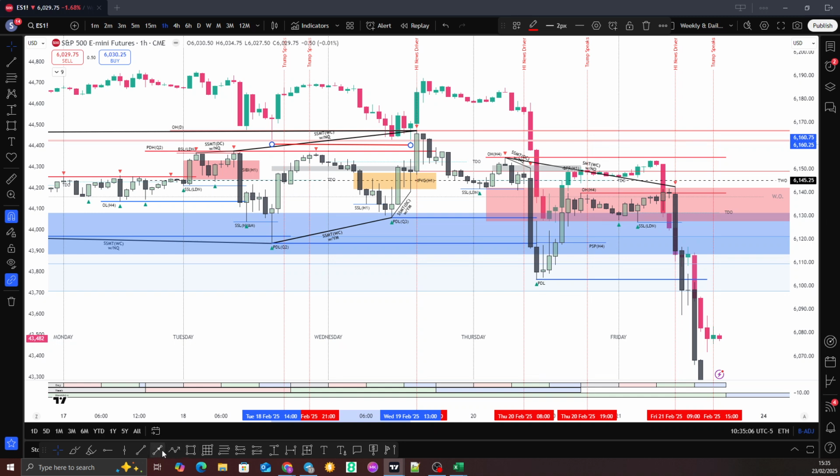And then accompanying that, we have this low to there aligned. So we have two SMTs. That's what creates the high probability setup there. So although I have taken this low, in actual fact, you could draw this line all the way across to here and have this line across here, and that would reference the two SMTs. Okay.